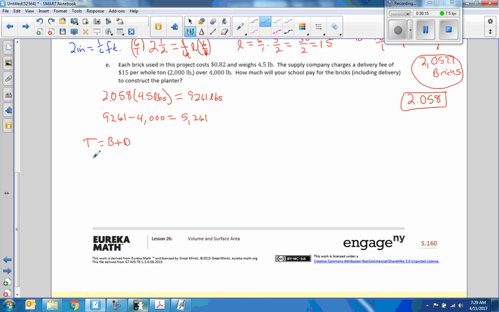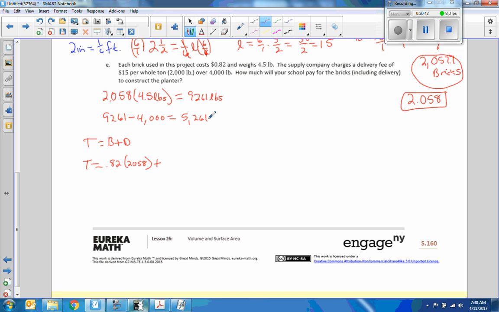So the total cost is going to equal the cost of the bricks, which was 0.82 dollars, times the 2,058 bricks that we need, plus the delivery. It charges $15 per whole ton of 2,000 pounds over 4,000.